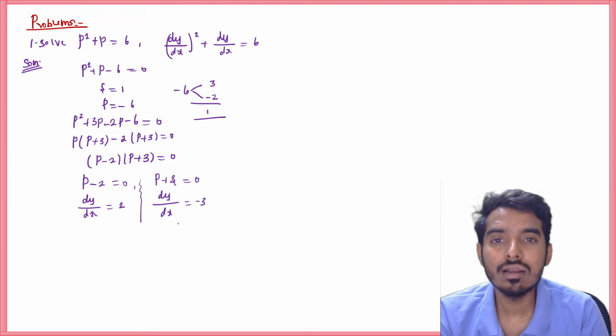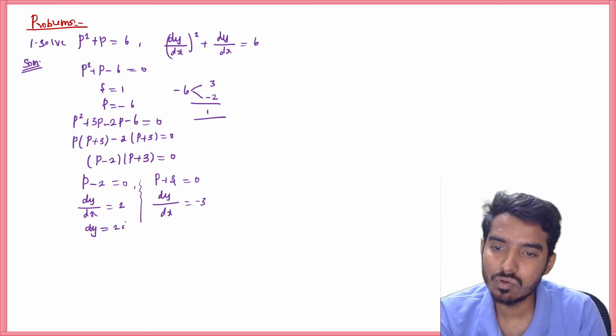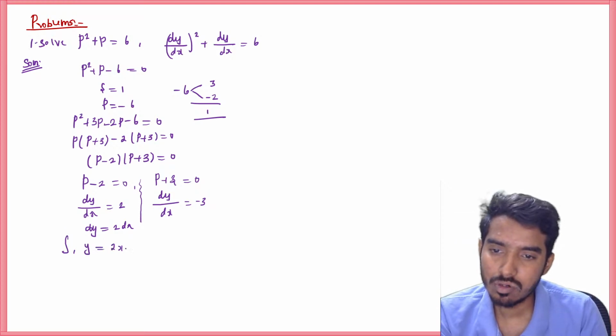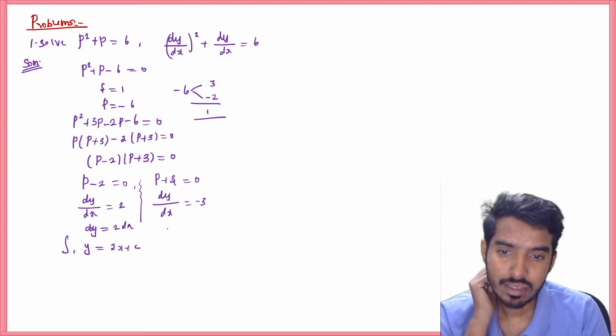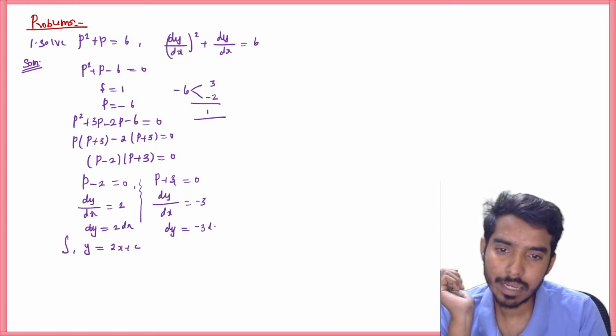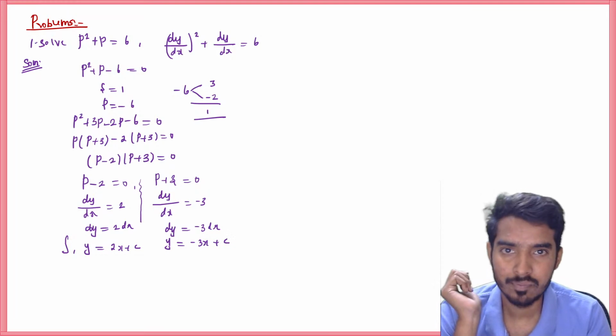Solve separately. Very simple. dy is equal to 2 dx. If I integrate, we have y is equal to 2x plus some constant. Here we have dy is equal to minus 3 dx, so we have y is equal to minus 3x plus some constant.